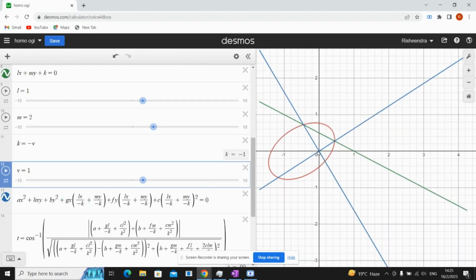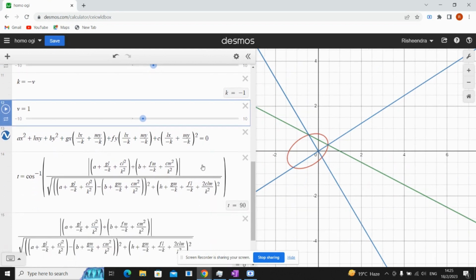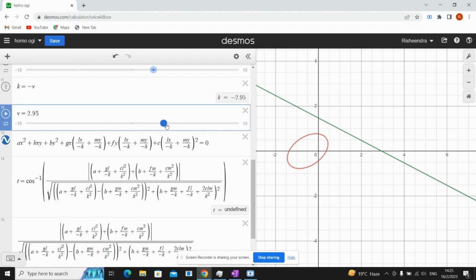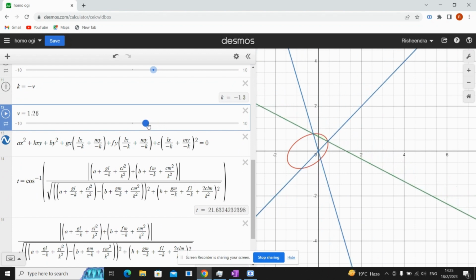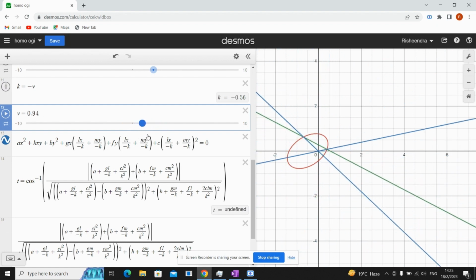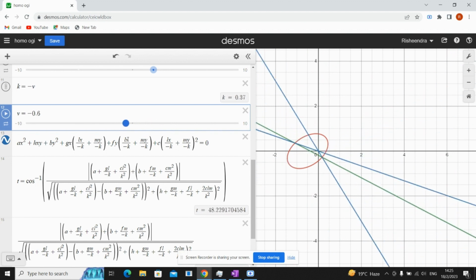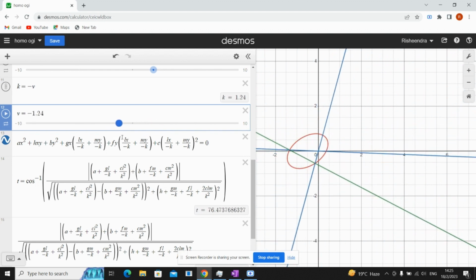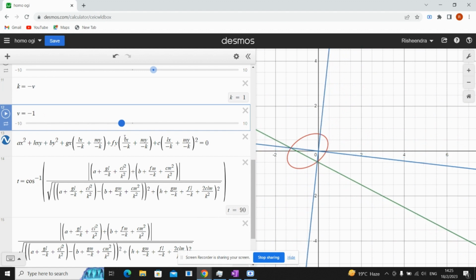Okay, we have to find when the equation value is 90 degrees. See here. Okay, just move. By adjusting the v value, we are adjusting the k value, which means the line will move above and below. Okay, we have to find at what values the angles will be 90 degrees. Look at here how it is changing. 78, 84, 90.